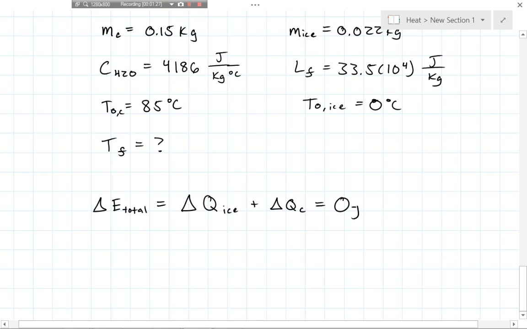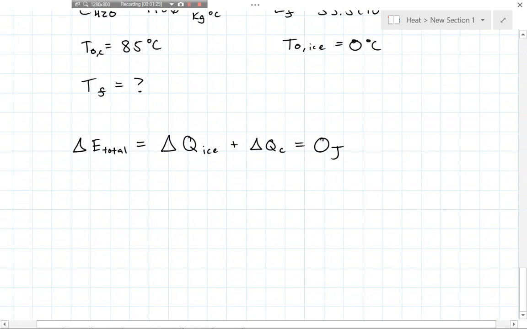So since this has to equal 0 joules, we see that the change in the heat of the ice is equal to minus the change in the heat of the coffee. So basically what this equation is saying is the heat that's given to the ice is equal to minus the heat that is lost by the coffee. So that's where this minus sign comes from, because the heat that's gained by the ice is lost by the coffee.